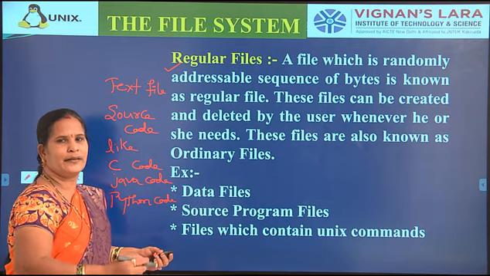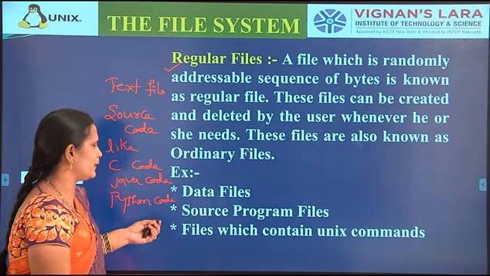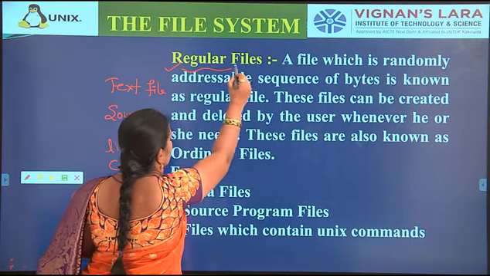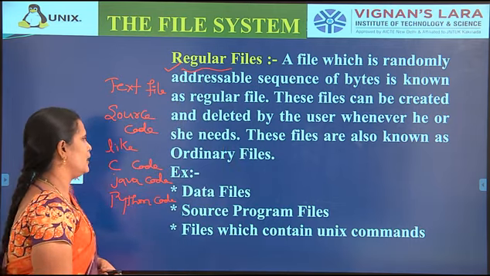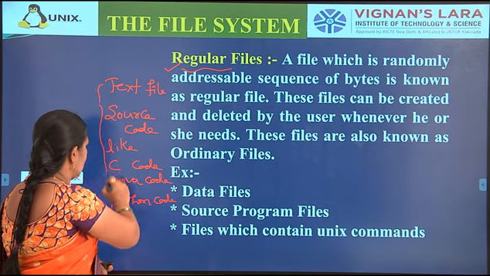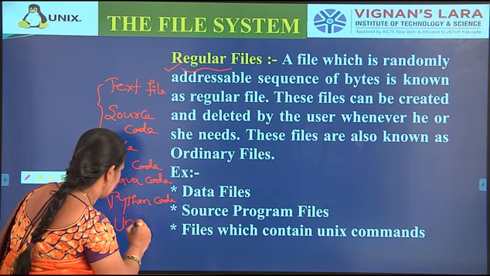Similarly, files which contain Unix commands are also treated as regular files. These regular files are also known as ordinary files, meaning they contain this type of information: text, programs and Unix commands.